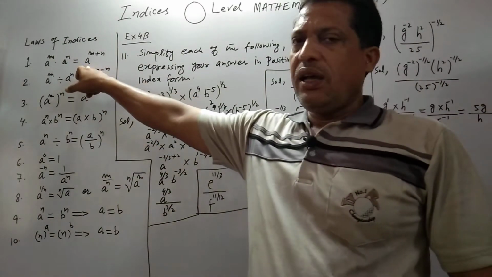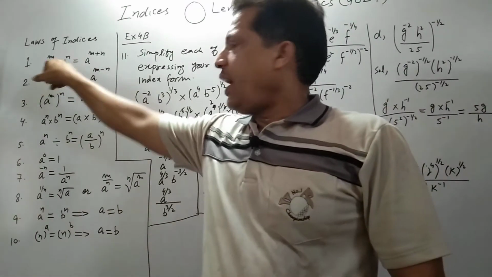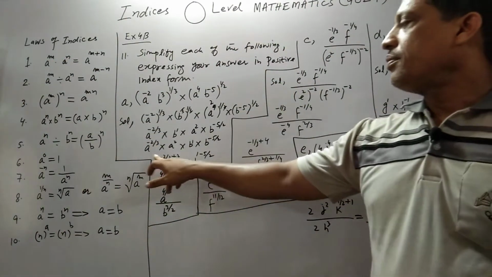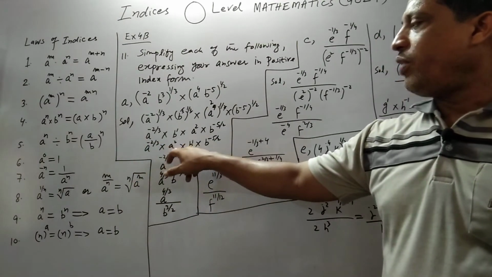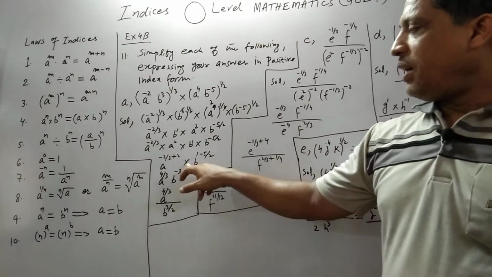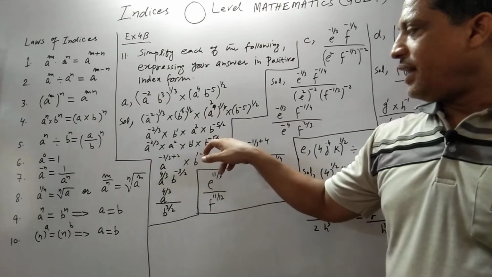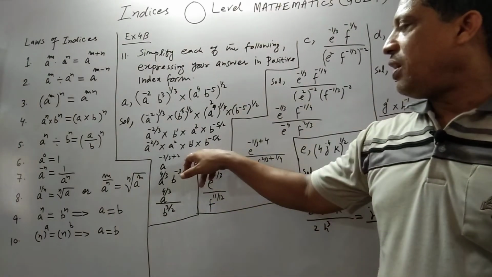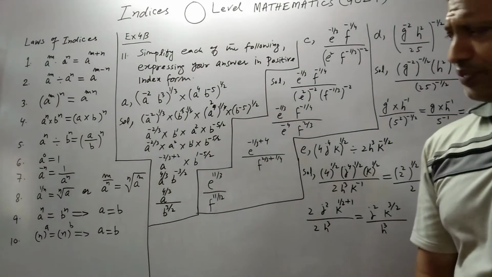Law number 1. If bases are the same and are multiplied, then the powers are added. So a^(-2/3) times a^2 is a to the power -2/3 + 2, multiplied by b to the power 1 - 5/2.